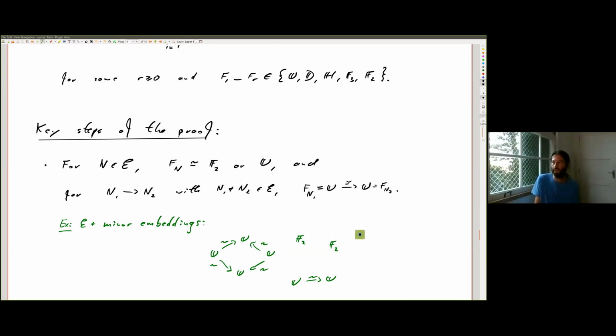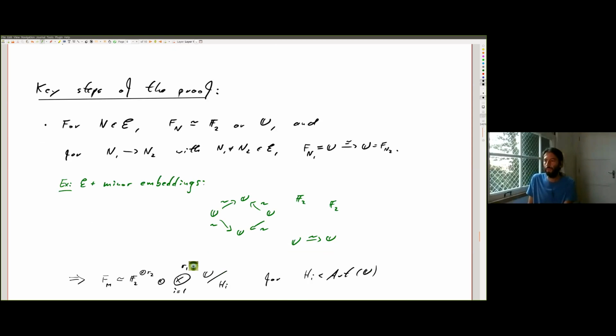We have some isolated F2s, then we have some U's, which can be connected by isomorphisms. What can happen is that we have some kind of diagram which is cyclic. So this could induce a self-identification of U by some automorphism.